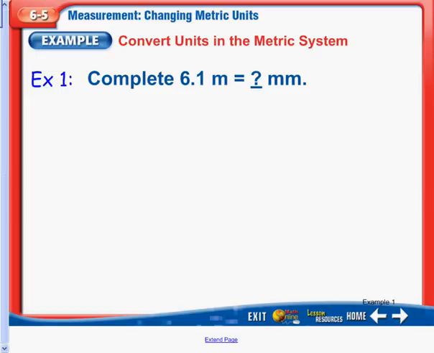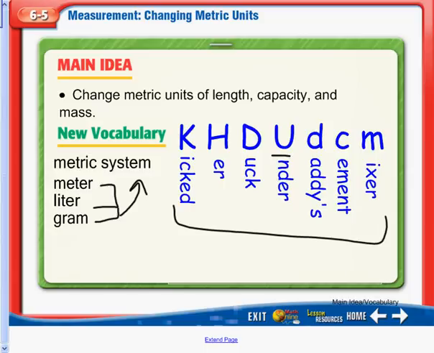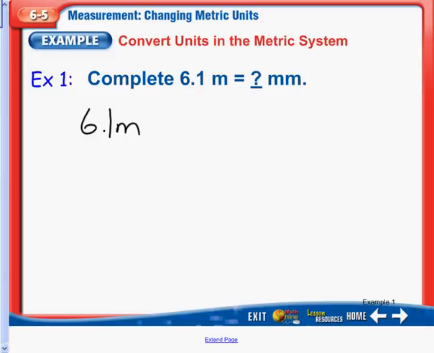So now we're first converting units in the metric system. Completing: 6.1 meters equals how many millimeters? So first I'm going to write it down, 6.1 m. M is going to be a part of this U right here, because that's the unit, meters, whereas they were looking for millimeters.